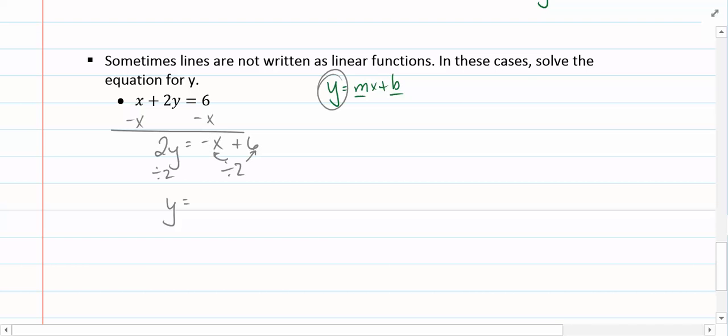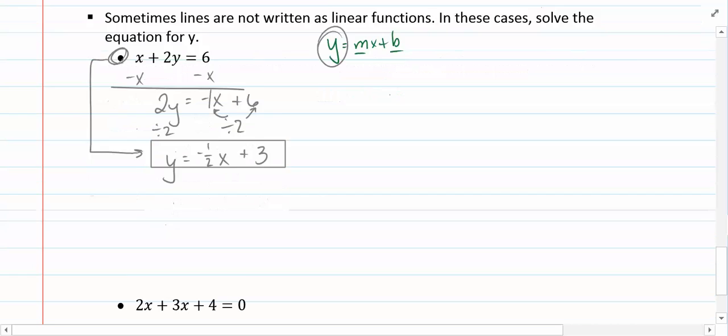Now this is the same as negative 1x, and when negative 1 is divided by 2, we receive a result of negative 1/2 x. And 6 divided by 2 is 3, so we have now the solution written in slope-intercept form. This equation that we started with is the exact same as the equation we finished with here. We've just rewritten it in a different form.